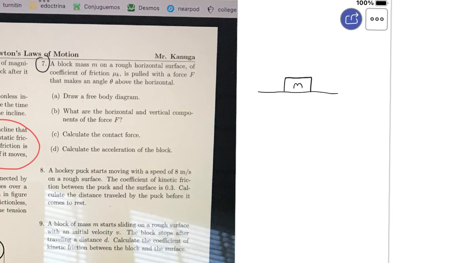It's got a mass of M, but it's being pulled like by a string, kind of like that, where that's theta. Okay, maybe that's dumb for me to label it that way. I'll label it like this.